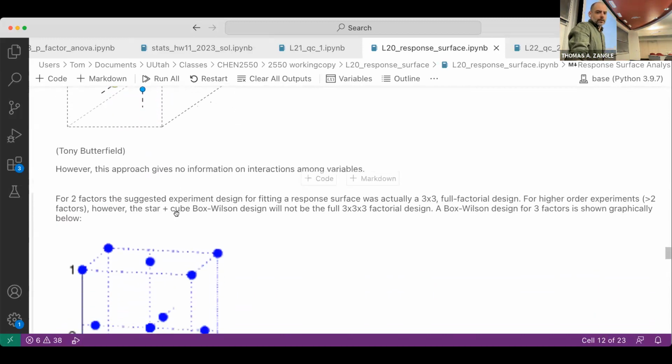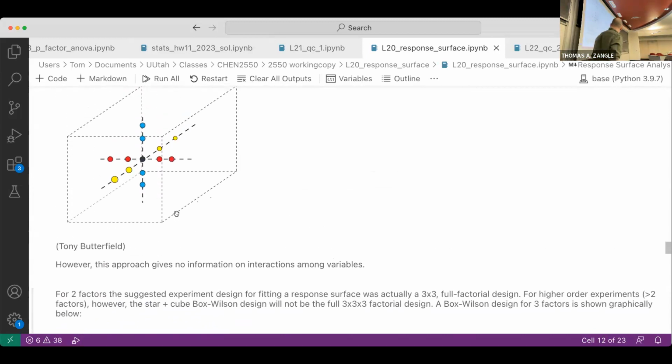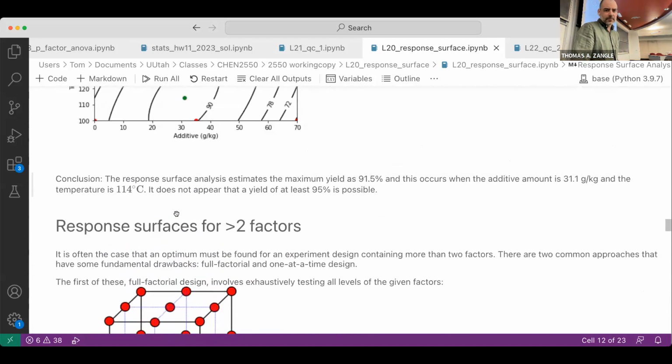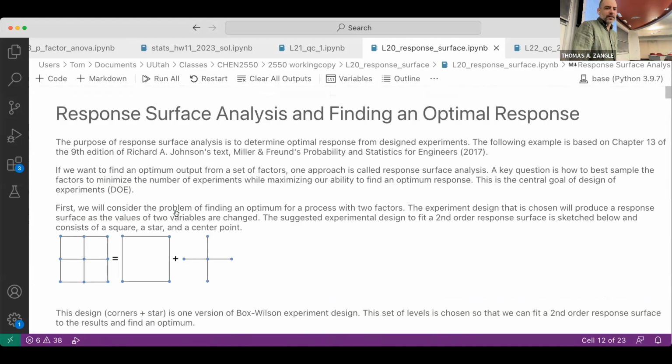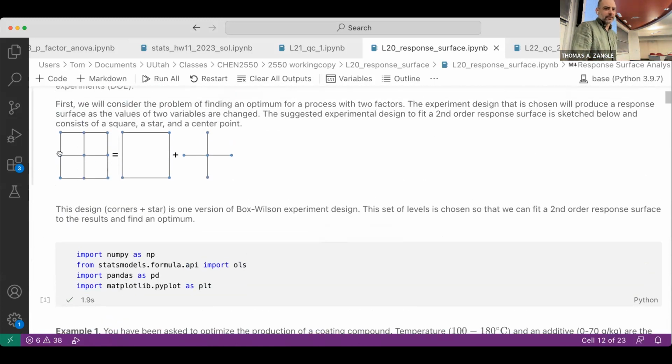So just to call back, for two factors, we said that the suggested experiment design for fitting a response surface, that Box-Wilson design, was a box plus a star. If I scroll back up to it, it was actually a full factorial design. So here it is graphically.